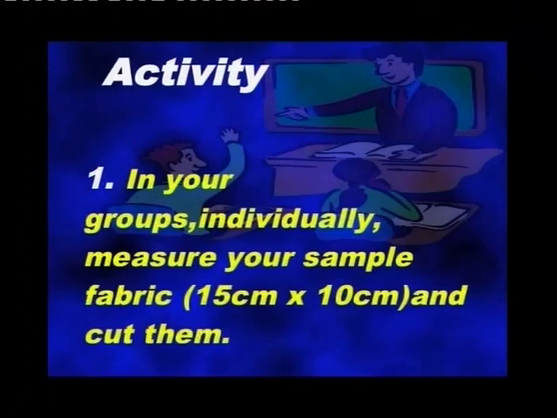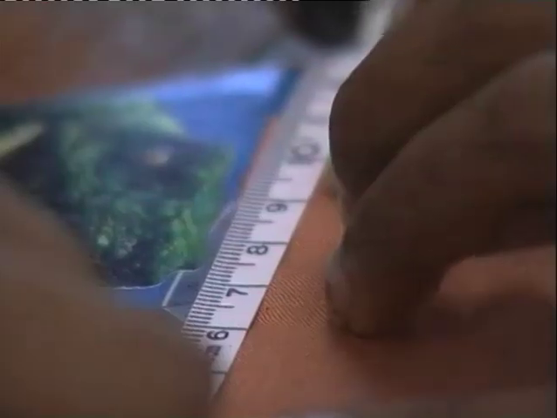Do you have a piece of fabric? No, if you don't, that's long enough there, so he can give you a piece. Move your hands quickly. This is already 10. You just make sure you're 15. That's 10, 15 from there.